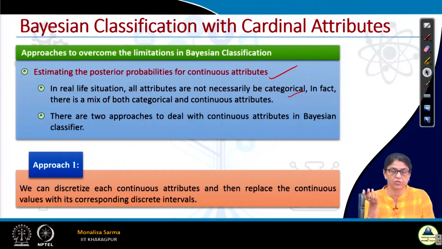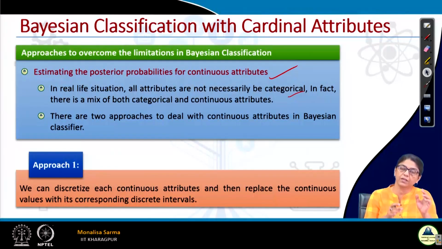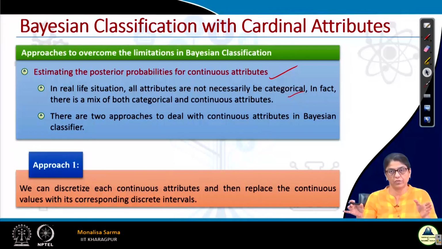We cannot expect that all the values will be categorical, but Bayes takes them as categorical. Sometimes for one particular class we get too many values, and those are numerical attributes. From those we can also find the probability distributions, and once we know the probability distribution, we can find the mean and the variance.